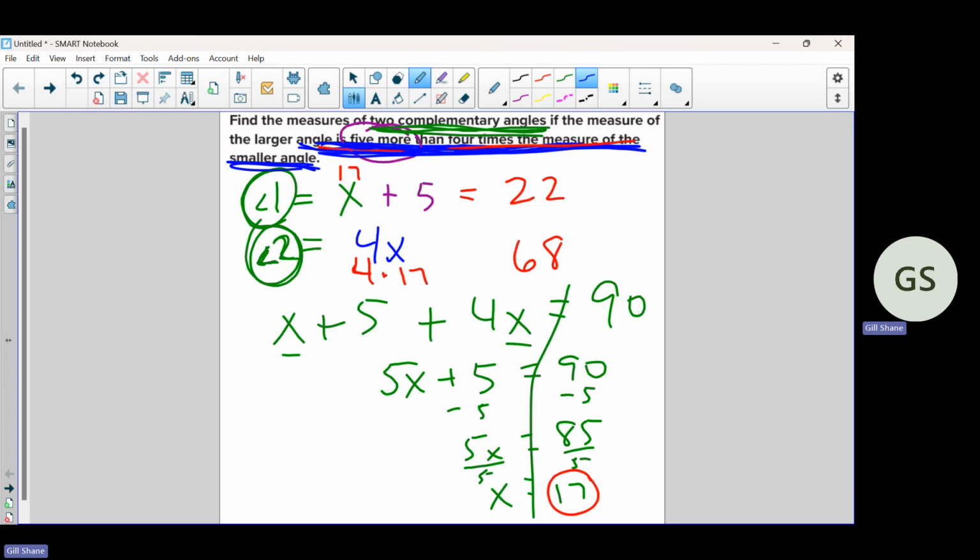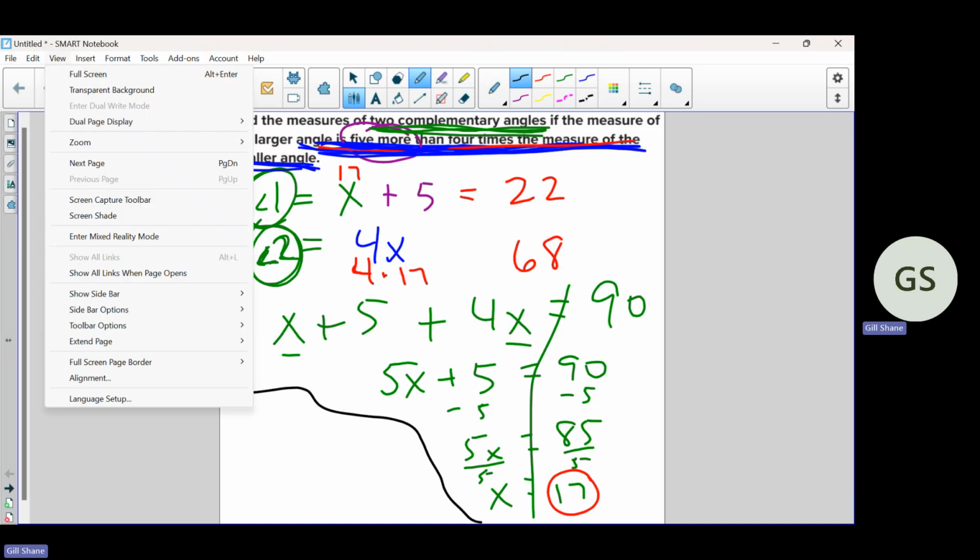So again, I know I got to multiply the smaller one by 4. So here, let's kind of make an area. I'll do black now. So I'll do this other area down here. Zoom out even more.